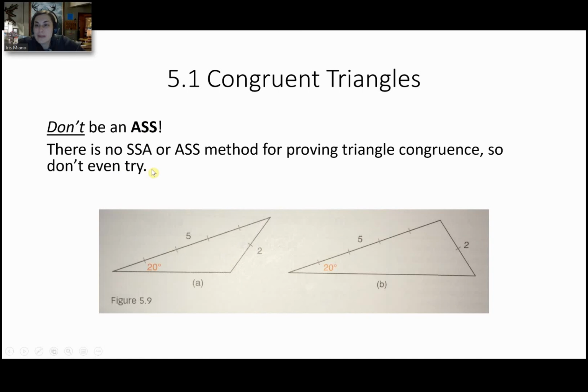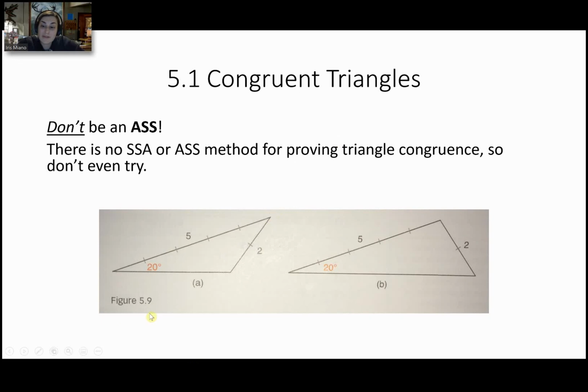And if you try to be clever and rearrange the order of the S's and A's such that it's side side angle, that's still two sides with a non-included angle, right? That's still representing the same type of idea. So do not mess around with ASS or SSA. These two configurations of corresponding congruent parts do not lead to triangle congruency, okay?